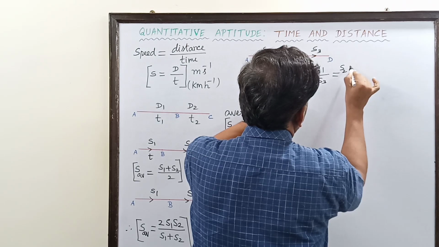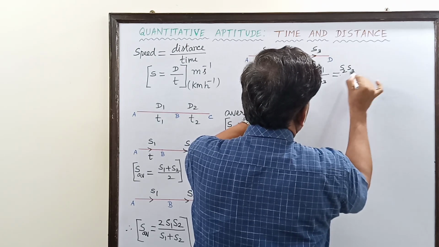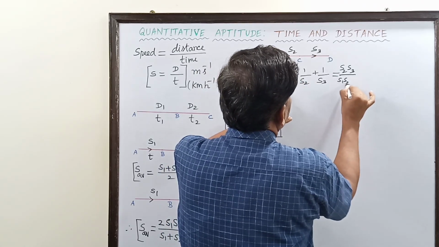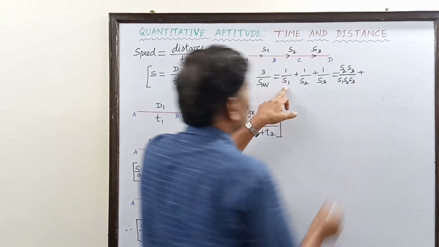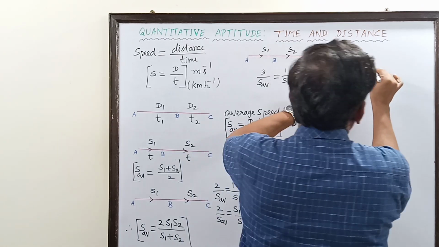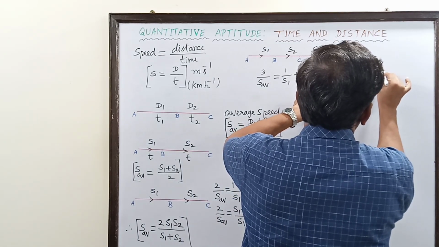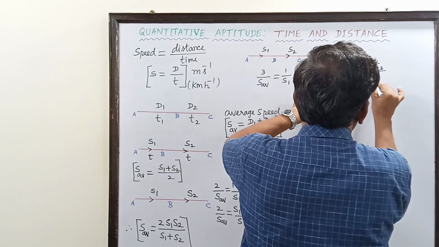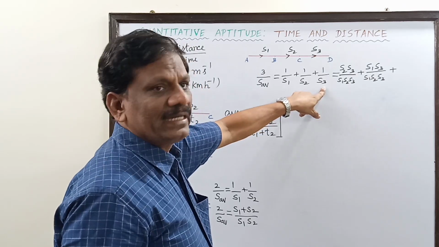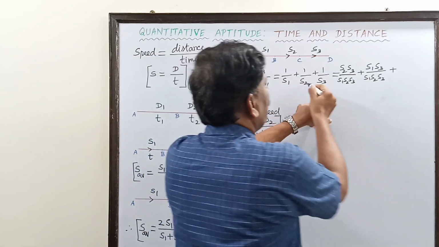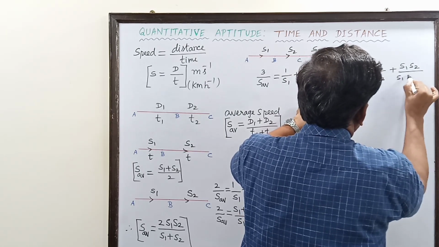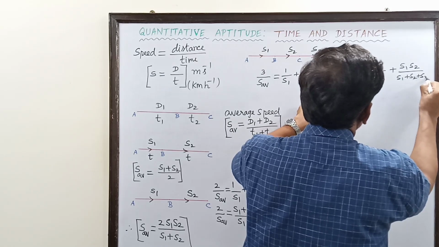So the first term will be S2 into S3 divided by S1, S2, S3, plus, for the term S2, the numerator will be S1 into S3 divided by S1, S2, S3, plus the third factor, denominator is S3, therefore the numerator will be S1 into S2 divided by S1, S2, S3.